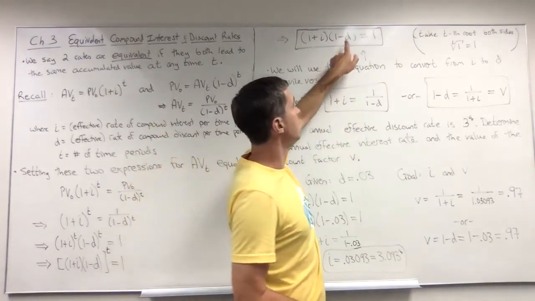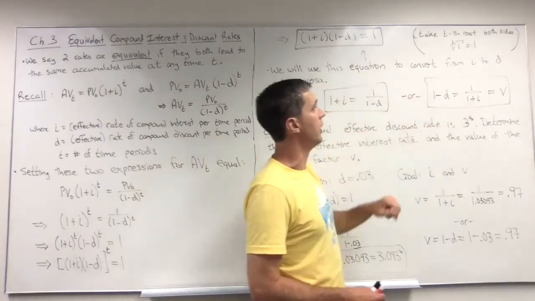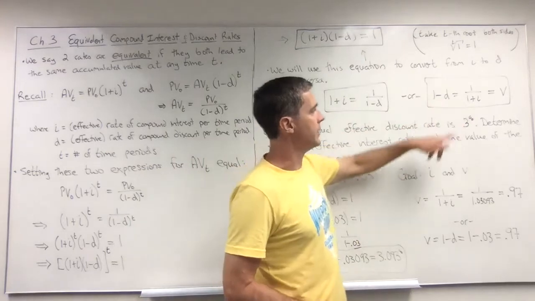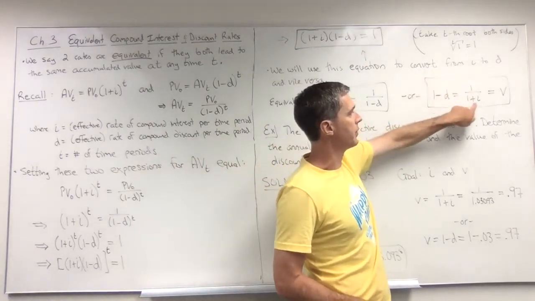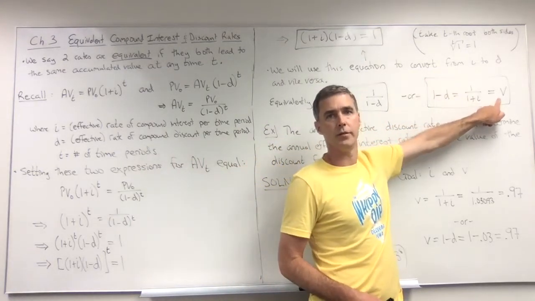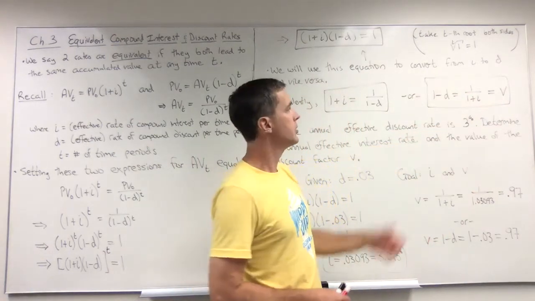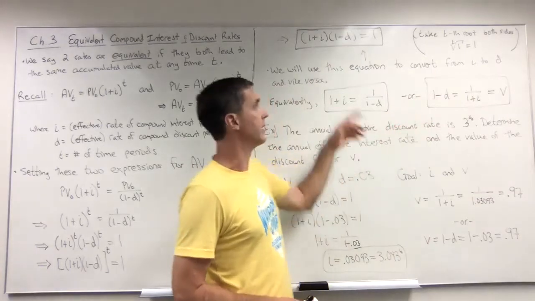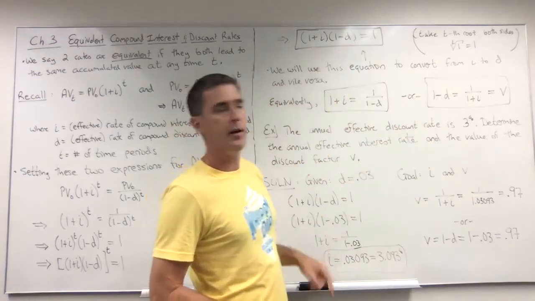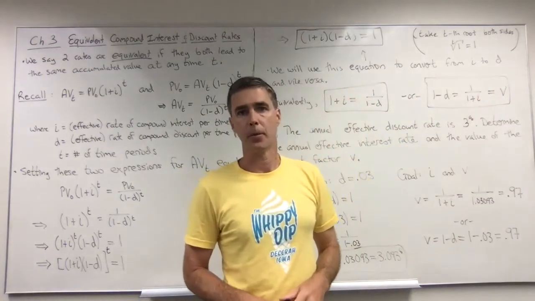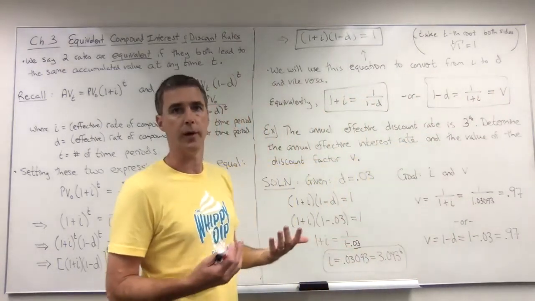Or you could divide the 1 + i underneath the 1 and solve for 1 - d. And the only thing that's nice about that is you might recall that 1 divided by 1 + i was what v was defined as. That's how you move money back a year, all right? So you got 3 formulas, but honestly, that's the one you memorize. And then you also know that v is simply defined to be 1 divided by 1 + i, okay? So you can convert between all 3 of them now.